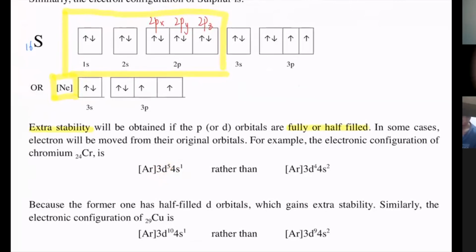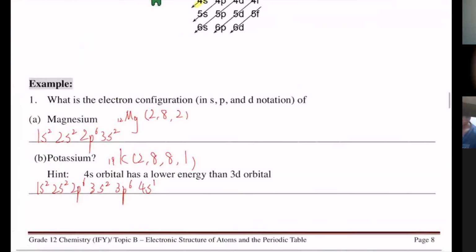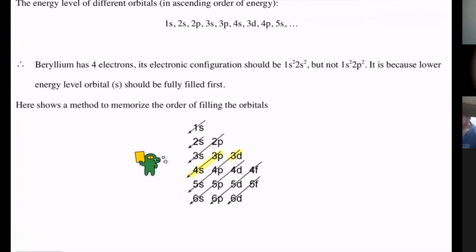According to this diagram, we should have 3p fully filled and then 4s fully filled, and then we can move to 3d. So that's the first rule we've learned. Fill in the lowest energy level first. 3p, 4s, and then 3d.